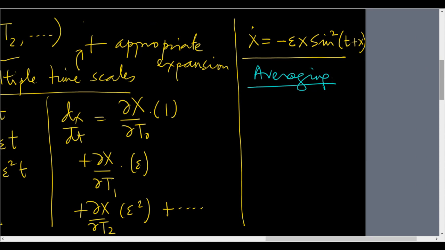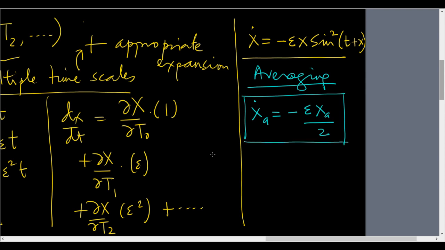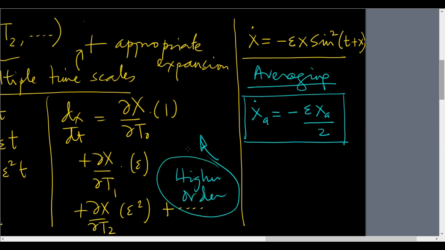We know the answer. x dot is basically equal to minus epsilon x by 2. This can also go to higher order, but for hand calculations, first order is much easier than second order. So we will now do this with the method of multiple scales.